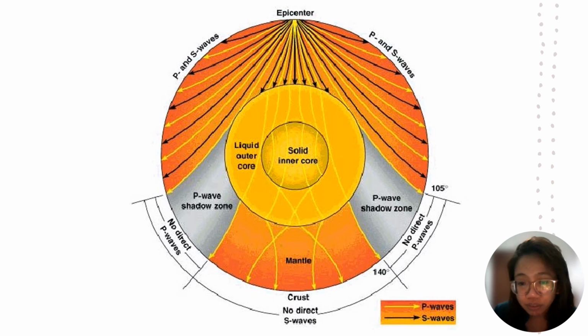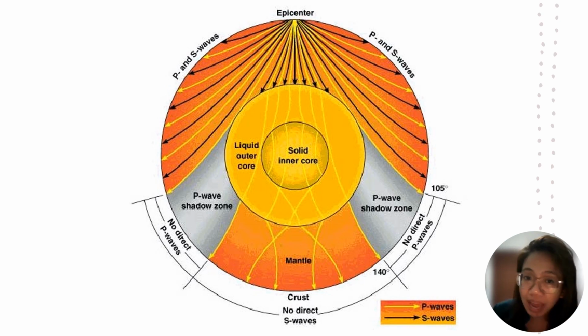Now, whenever they pass through different forms of matter, they also behave differently. For example, the P waves are indicated by yellow. P waves pass through liquid, but they sort of divert, or they reflect or deflect a bit compared to their original pattern.